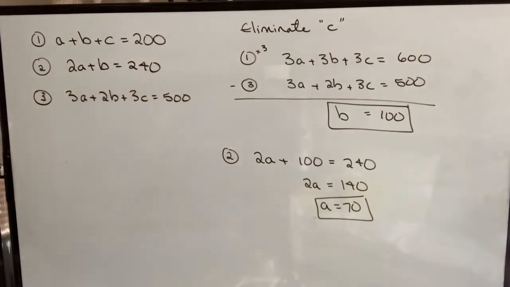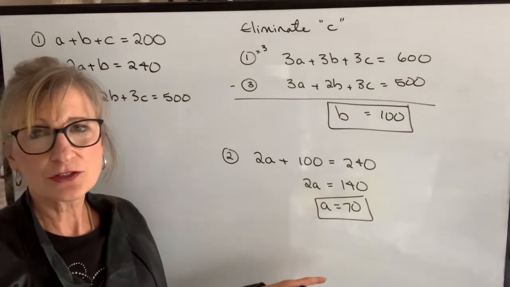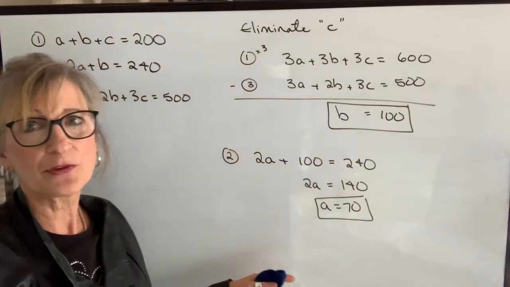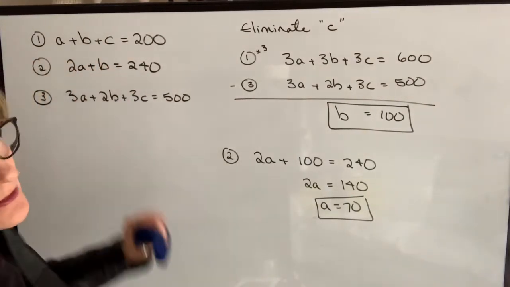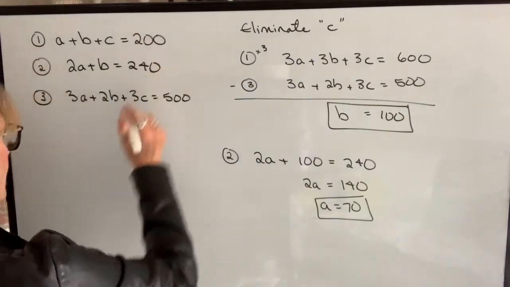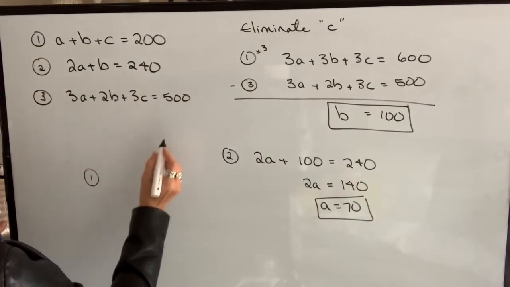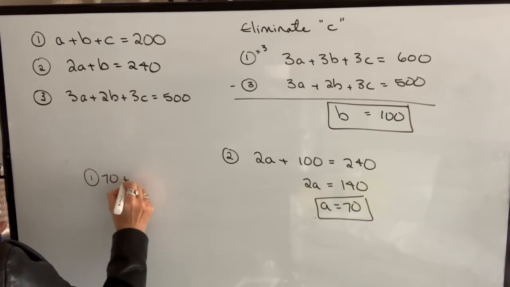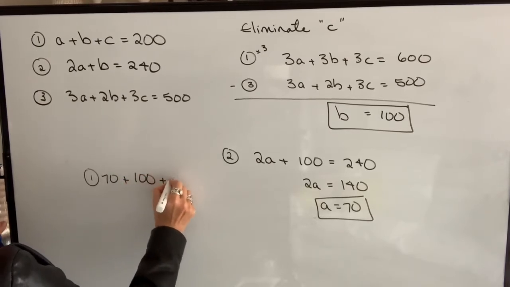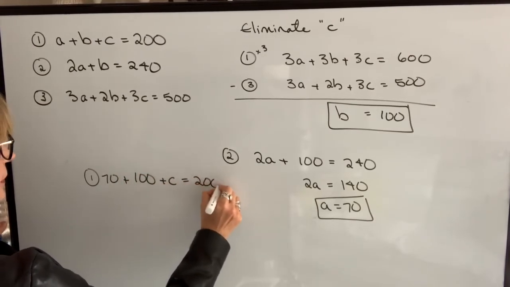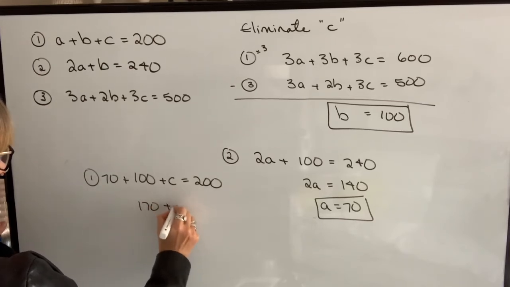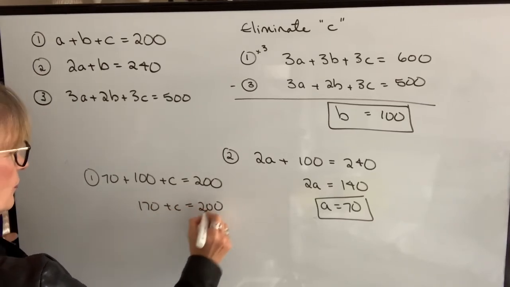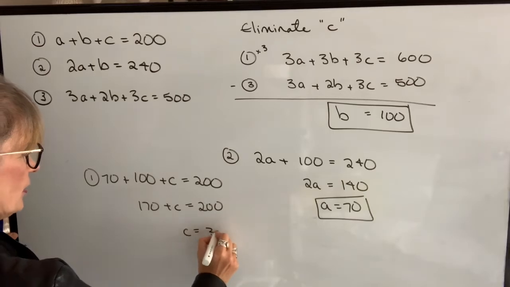And once I have two solutions of my three variables, it's easy to find the third. So we go to equation number 1. A, which is 70, plus B, which is 100, plus C has to add up to 200. So if we subtract 170 from both sides, C will equal 30.